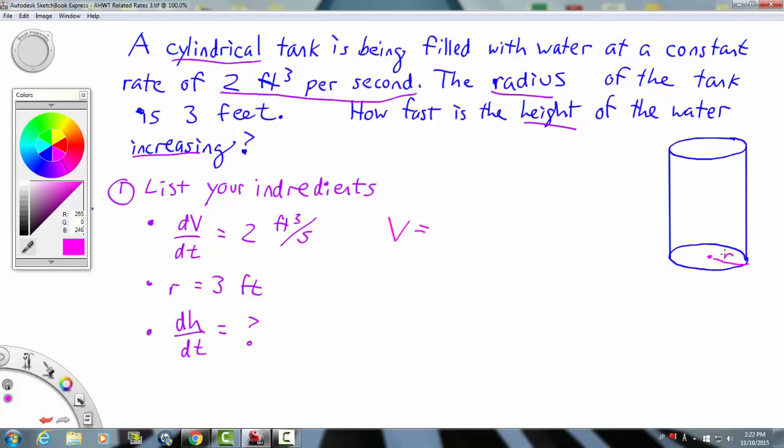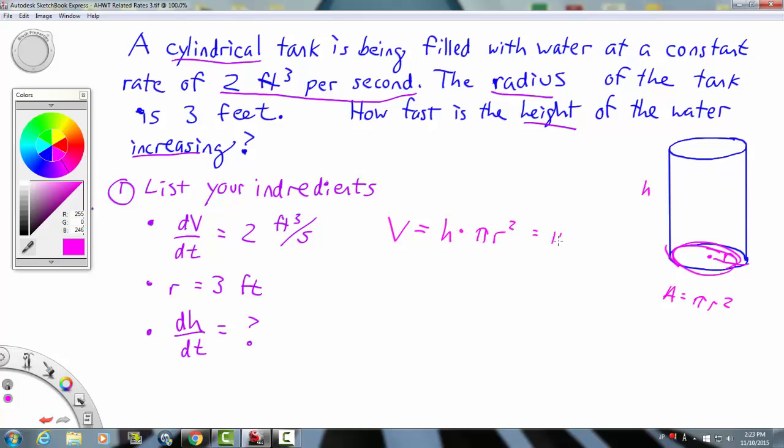So here's radius, here's height. If you don't know how to find the volume of the cylinder, it's like how many cookies tall is it? A cookie being the area of the bottom. So you have an area down here, which we all know is pi r squared. Then you just count how high it is. So it's literally h times pi r squared.